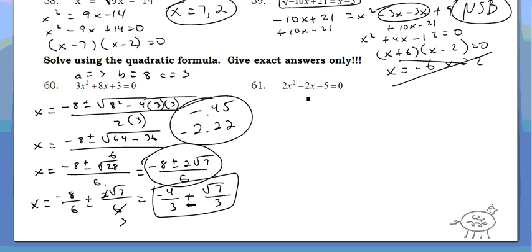Okay, so this one's already solved too. Just remember, if that was like equal to 5, you'd have to subtract 5 from both sides, but it's all good to go. And A is 2, B is negative 2, and C is negative 5.